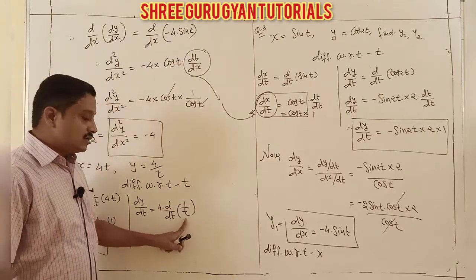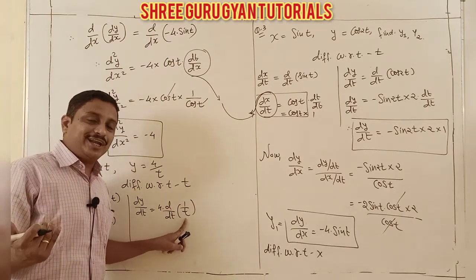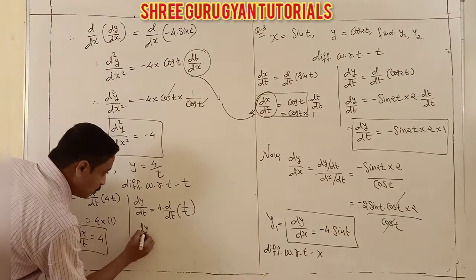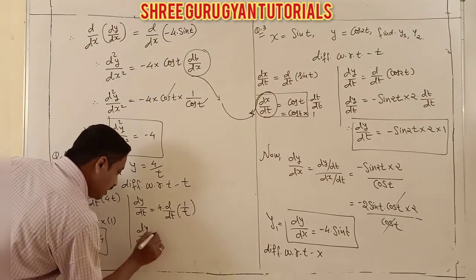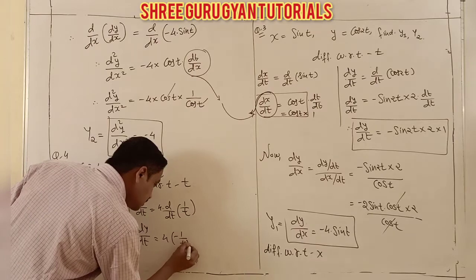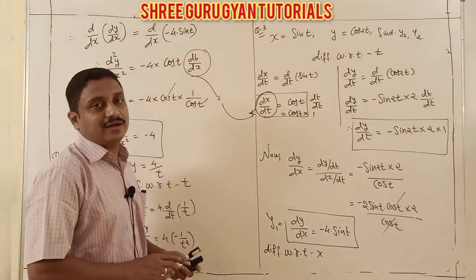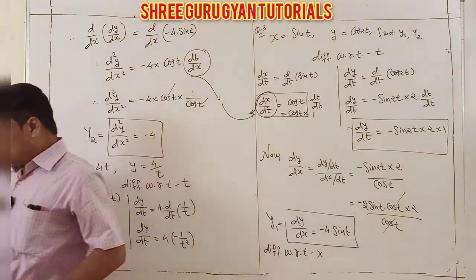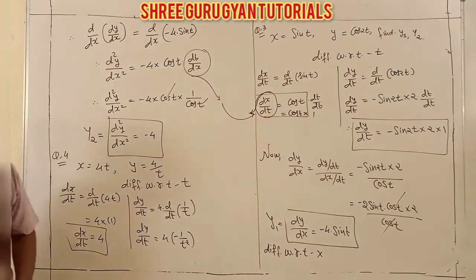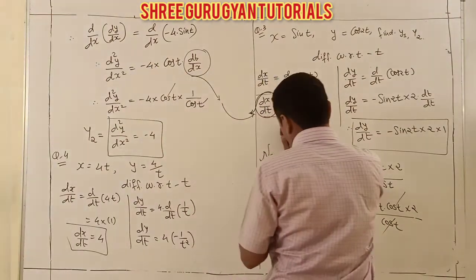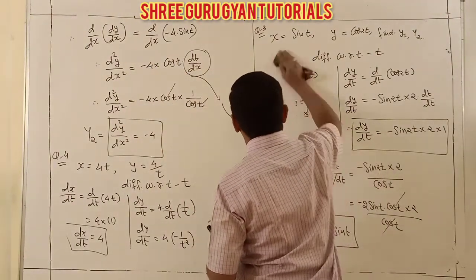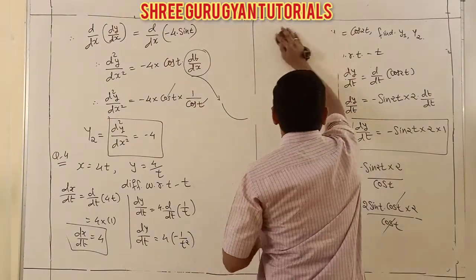The derivative of 1 upon t with respect to t is minus 1 by t square. Then we apply the formula for dy by dx.